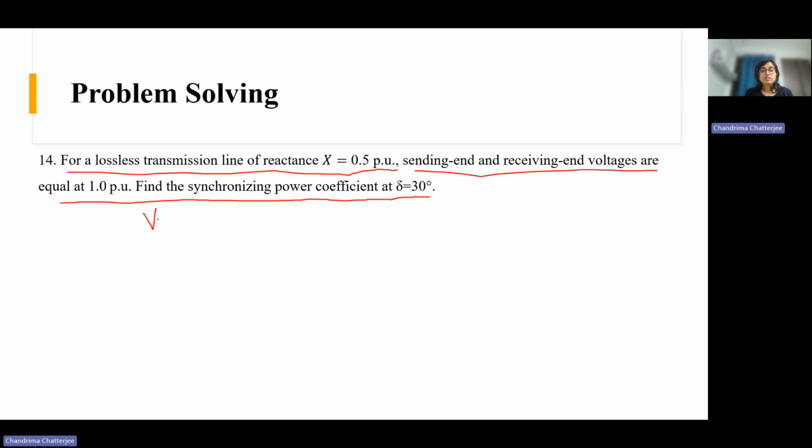V1 equal to V2 equal to 1 per unit. This is the system voltage. And the reactance X is 0.5 per unit.